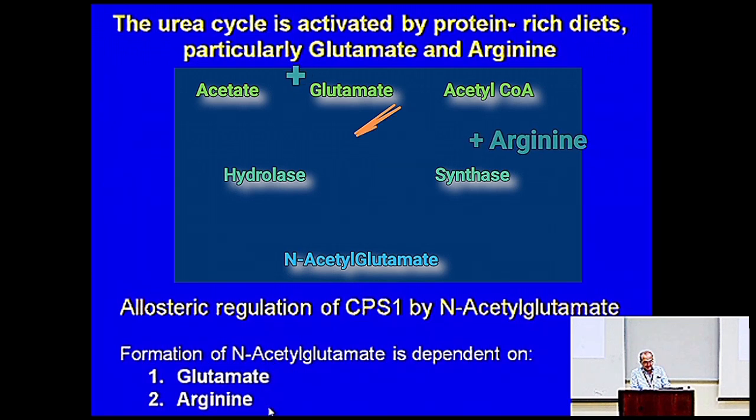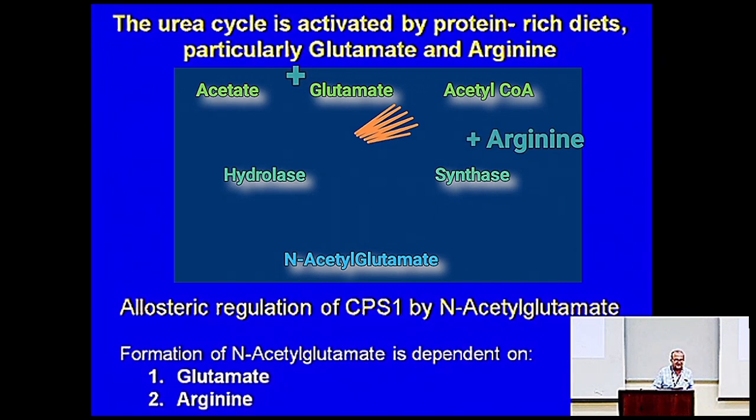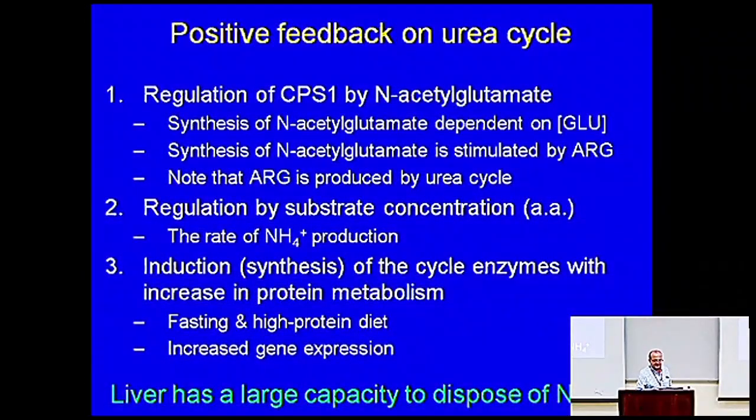So both of these are necessary, or really both of them will activate the formation of N-acetylglutamate. And you can think about that after a protein-rich meal, you will have plenty of amino acids in that protein-rich meal, including arginine and glutamate. So you will form N-acetylglutamate, and then that will activate the rate-limiting enzyme CPS1. Okay, that's the key step there, the first important regulator.